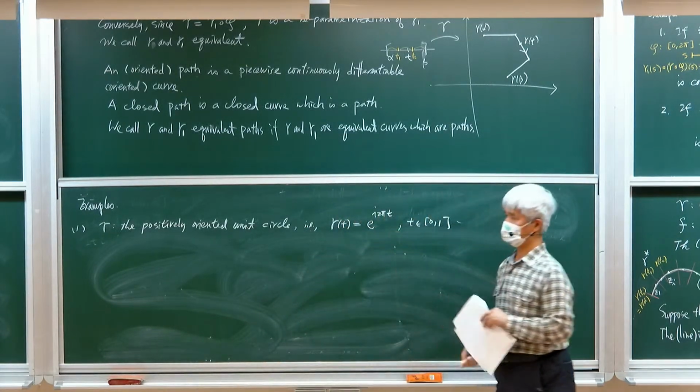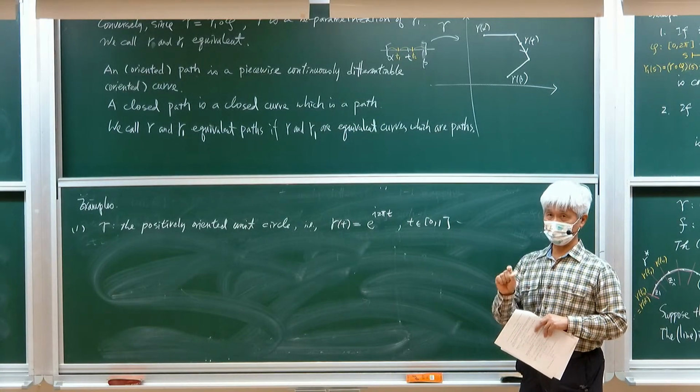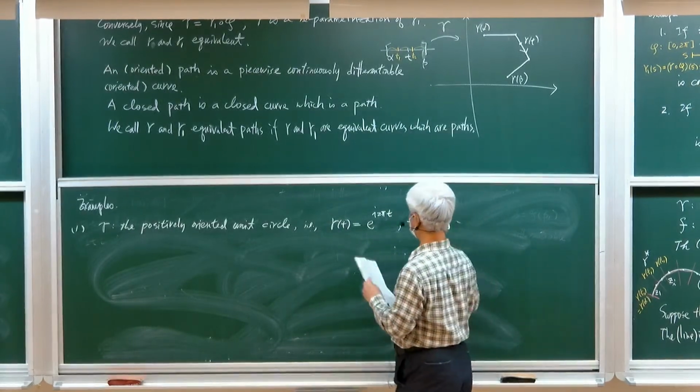So this is 2 pi t. The center is 0, and the radius is 1. This is called the unit circle.